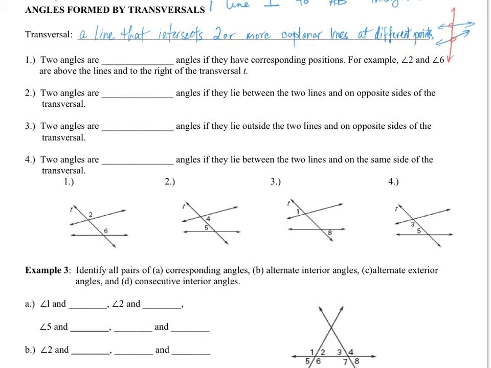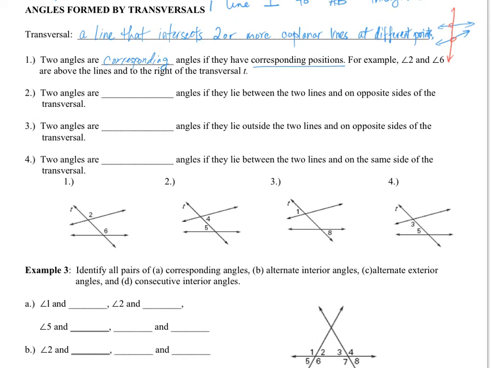Now, transversals form different angles, and they have special names. The first one that I want to introduce here is called the corresponding angles. So two angles are corresponding angles if they have corresponding positions.